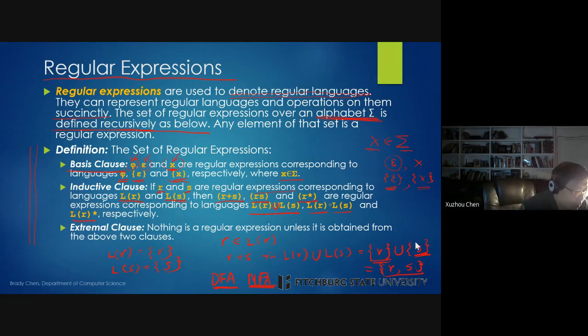Now, also, R times S is in the language of LR concatenated with LS. So that means it's R and S, let's combine the string.